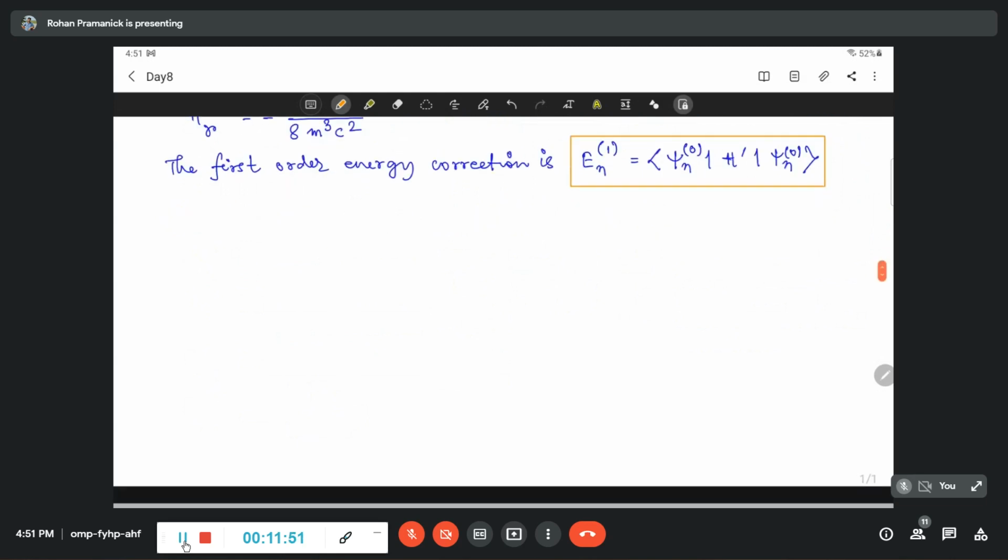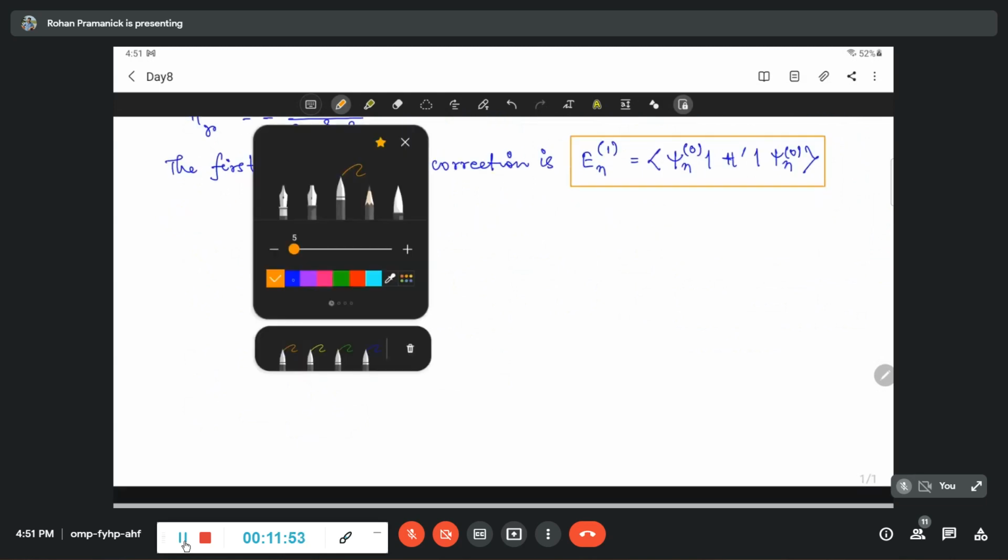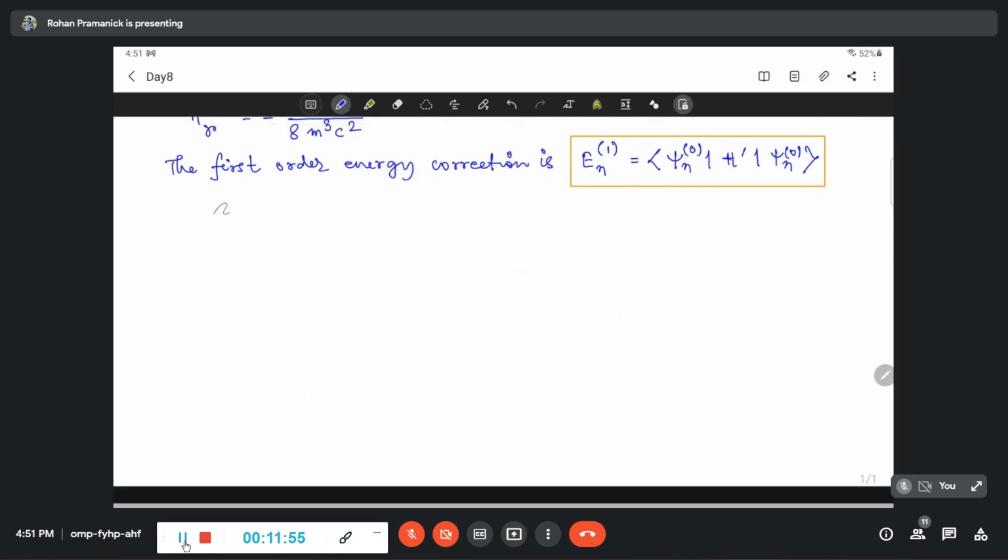Okay, and now by using this formula, I will try to find out the first order energy correction. I denote it by R, meaning that it is coming from the relativistic correction, and I put 1 over here to indicate that this is the first order.